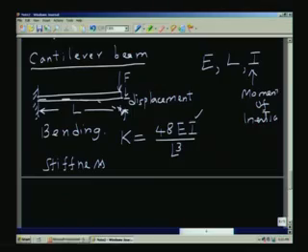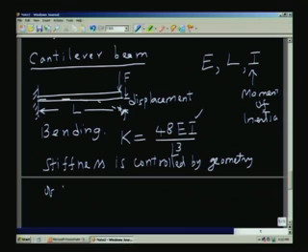When I say stiffness, I mean a higher spring constant. So, very stiff means the spring constant is large. Stiffness is controlled by the geometric parameters. In fact, it is true in the previous case also, by the geometry of the element, of the structural element.